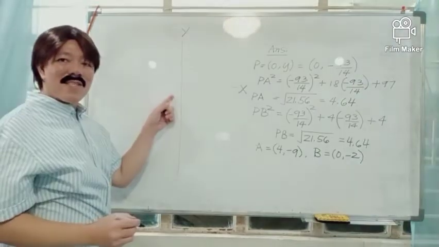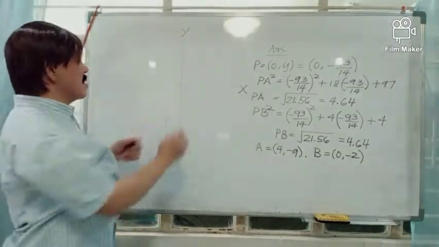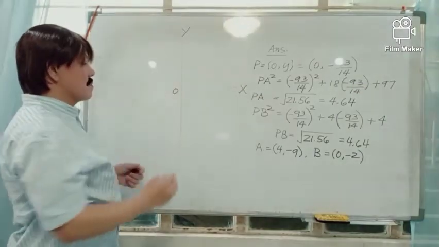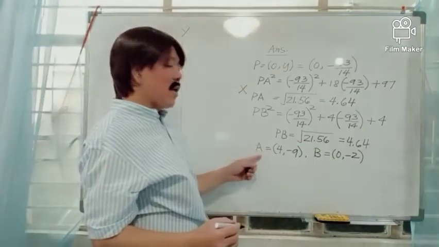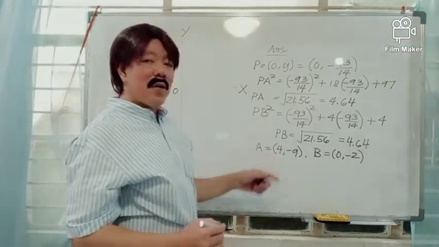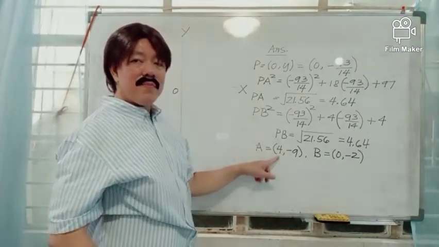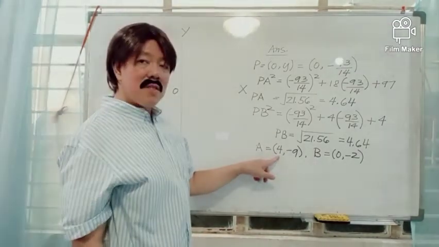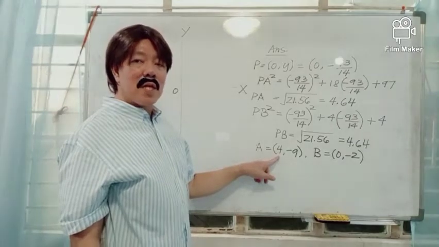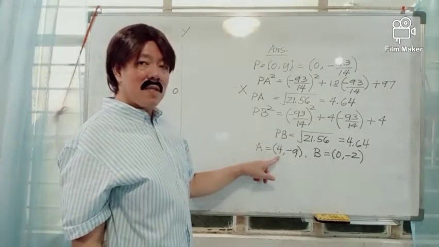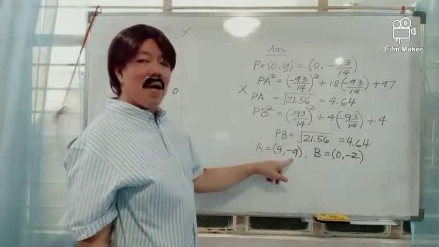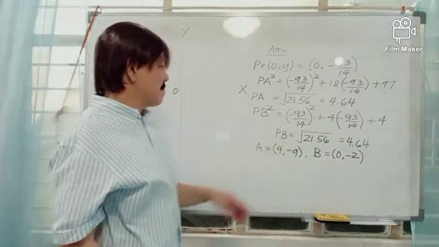At the intersection of the two axes is the point 0. We start with point A, which has coordinates 4 and negative 9. You start from the origin and you count 4 units to the right, to the positive x-axis. And from there you count 9 units downward.